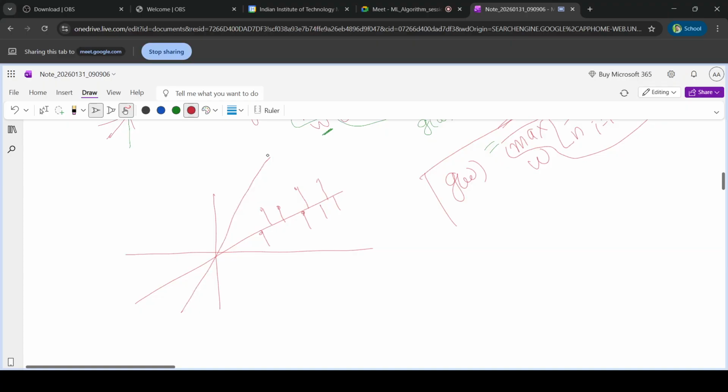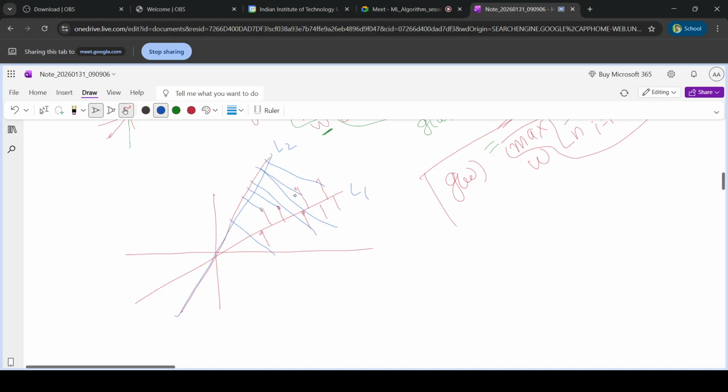I want to do the summation of the proxies for this line also. You earlier decided you will go with line L1 or L2, whichever gives the minimum value, or less summation of the error.